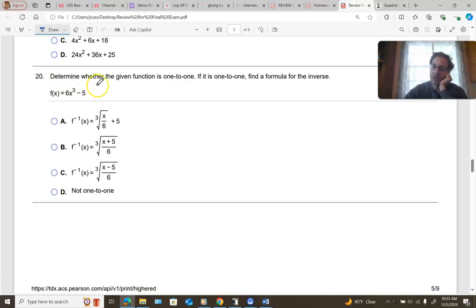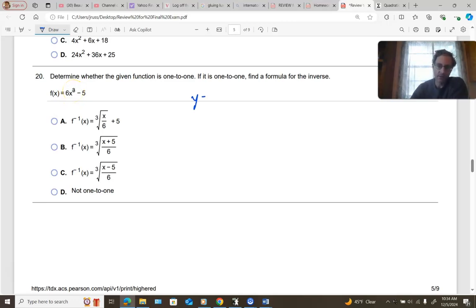You can graph it to be sure, but this will be a strictly increasing function. The only time it's not 1-to-1 is if it's like increasing, then it starts decreasing because it wouldn't pass the horizontal line test. So if it's a strictly increasing or a strictly decreasing function, it is 1-to-1. Okay. So it has an inverse, so we're going to find it.